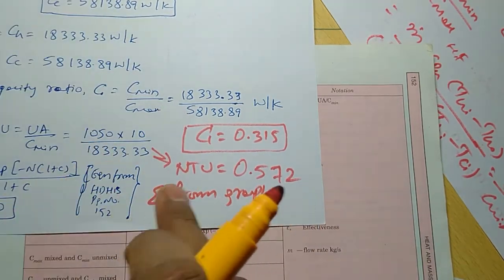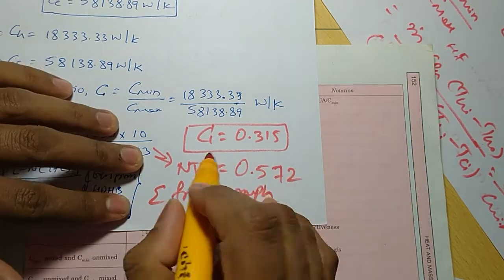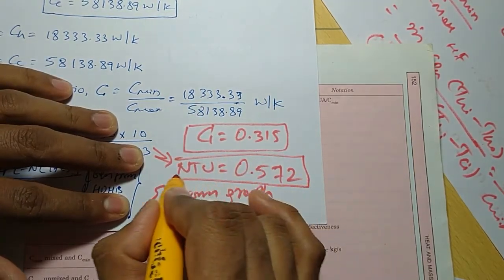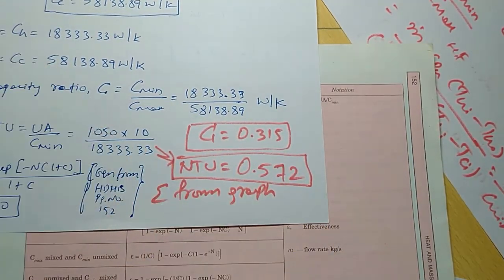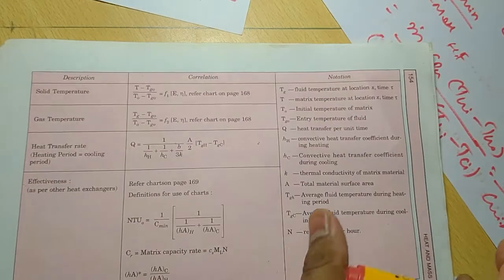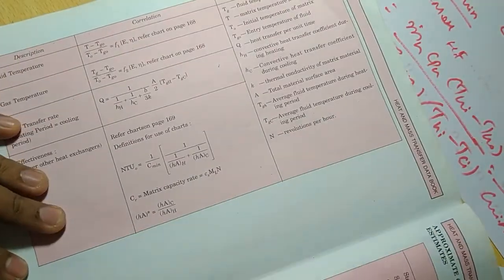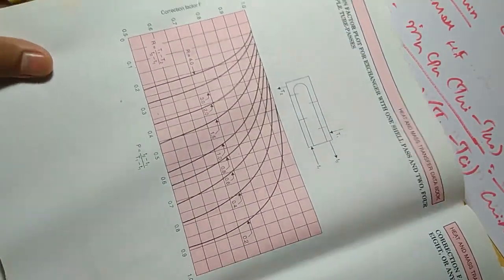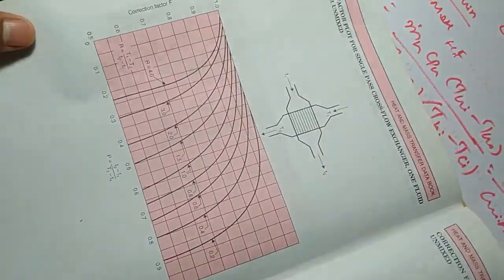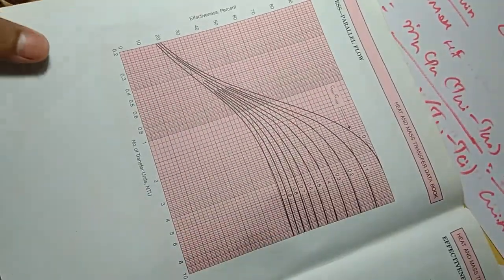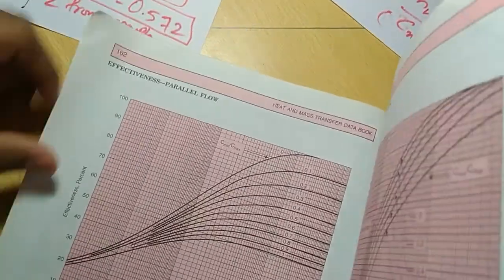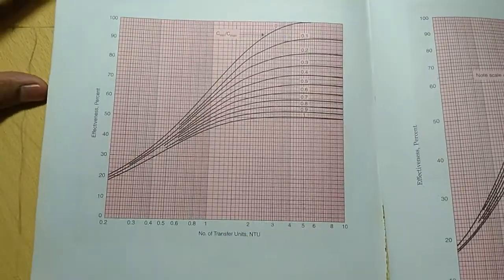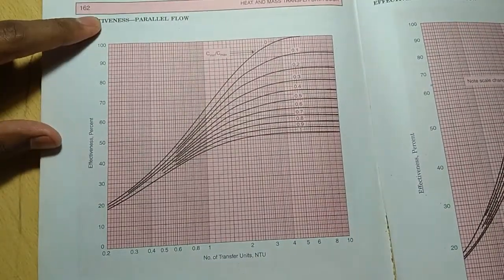Okay. Once you know the NTU and C, now you can calculate effectiveness from the graph also, in the data handbook itself. Here you can see effectiveness for parallel flow.